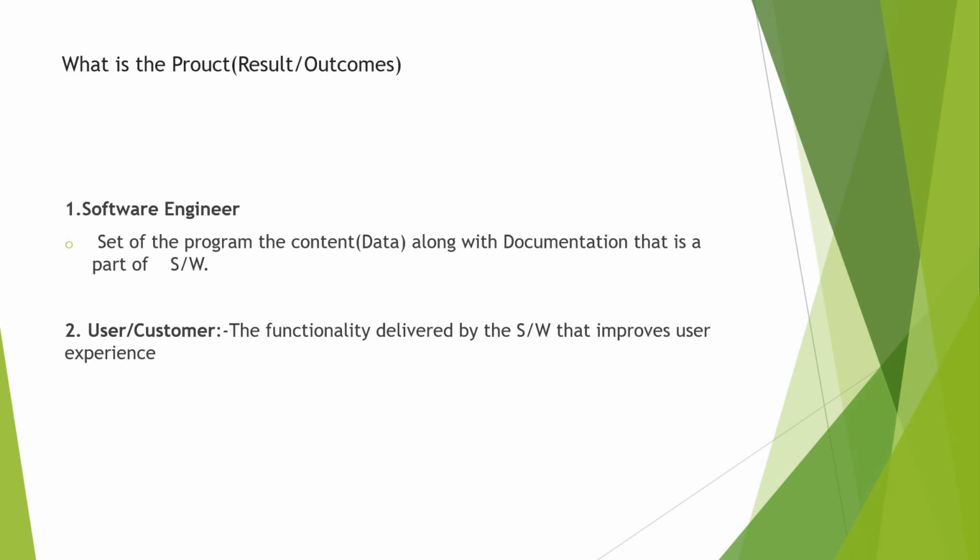And for the user and customer, it is the functionality delivered by the software that improves users' experience. And software engineering is mainly used for large projects based on software systems rather than a single program or application.